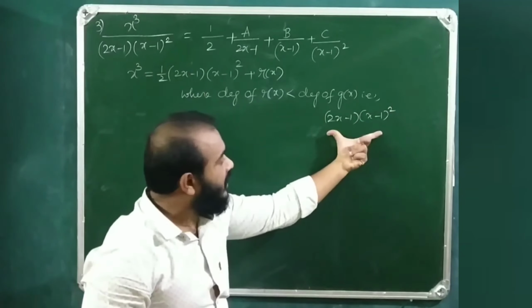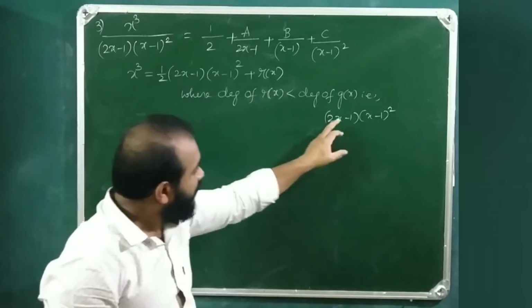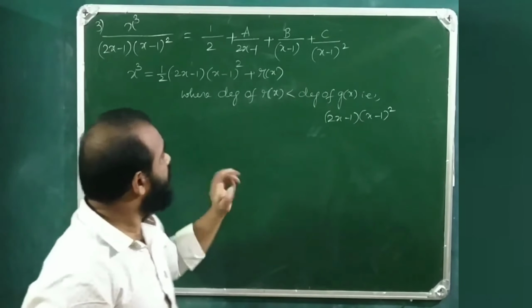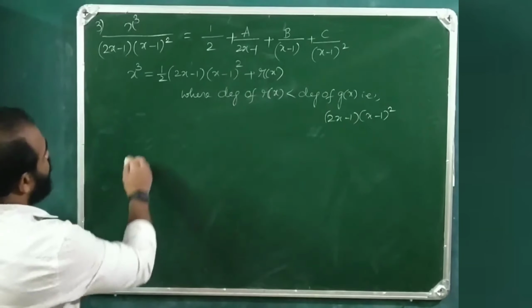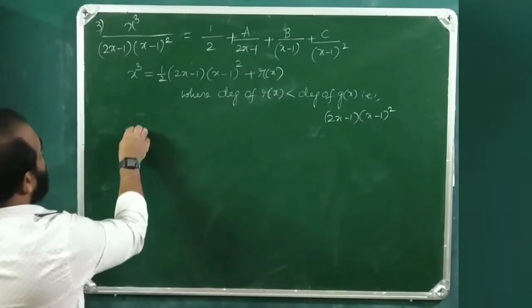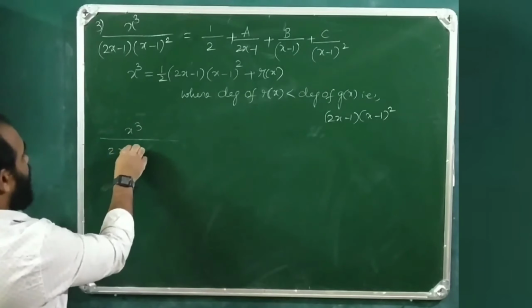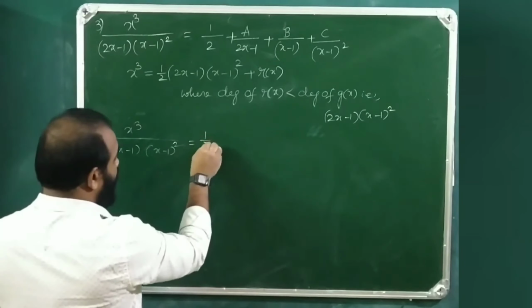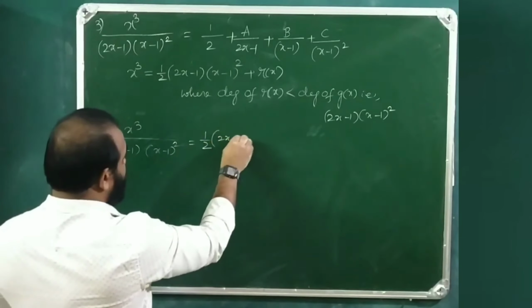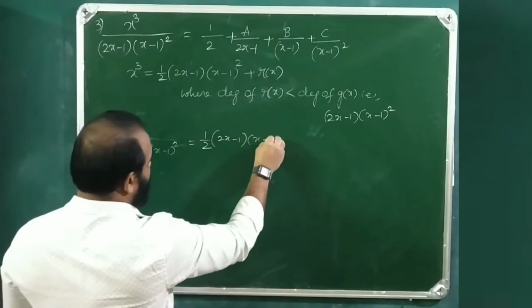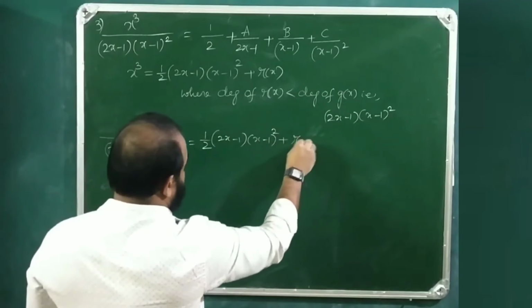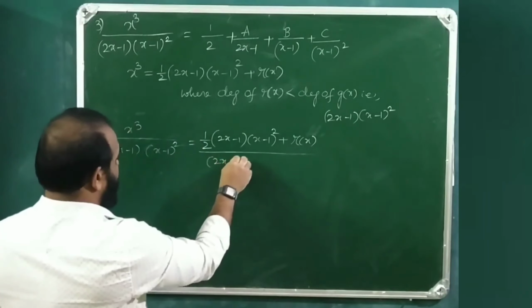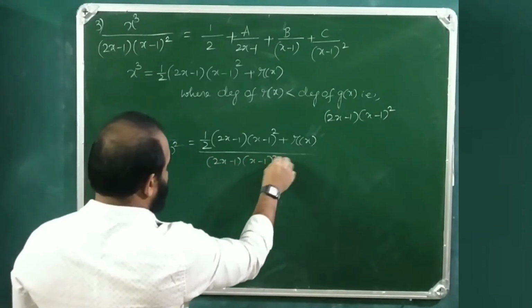Its degree is 3 here, so compared to this, it will be less than this. So x cube by 2x minus 1 into x minus 1 whole square is equal to 1 by 2 plus r of x by 2x minus 1 into x minus 1 whole square.